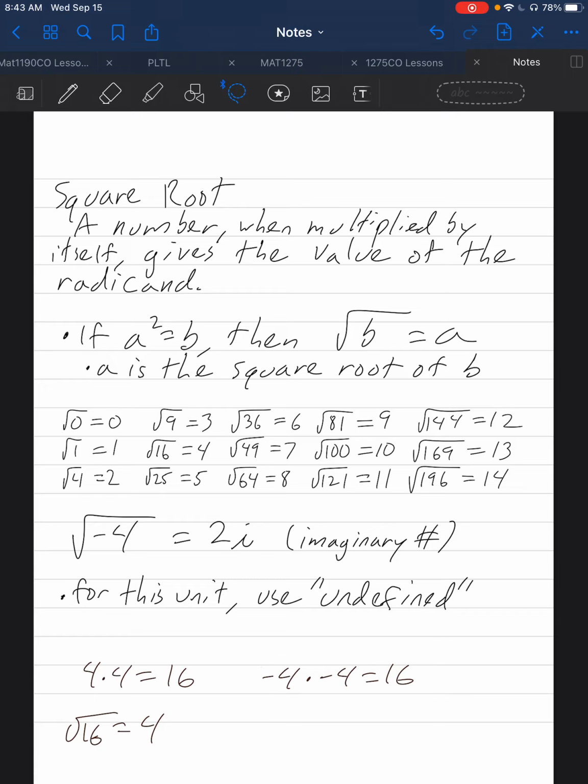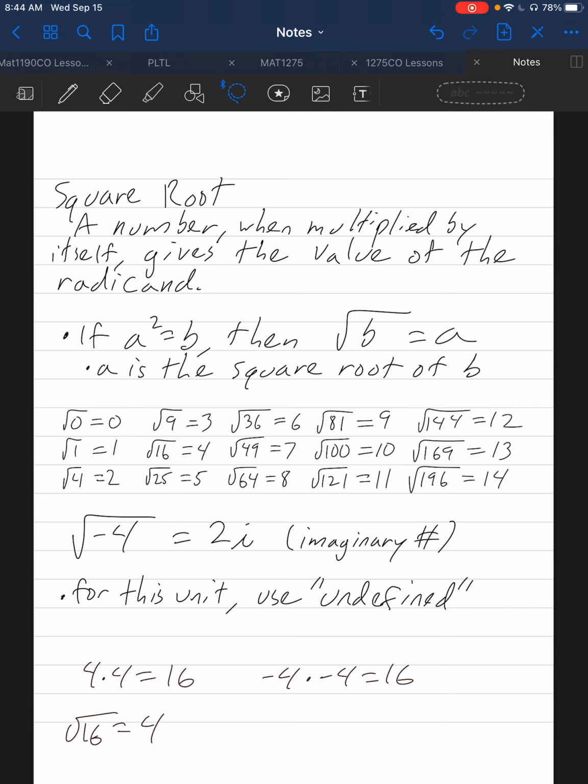But another important thing here is that no matter what the square root is, no matter what this radical is, it has to be positive. It can never be negative, unless we are talking about complex numbers and imaginary numbers, which we haven't covered yet.